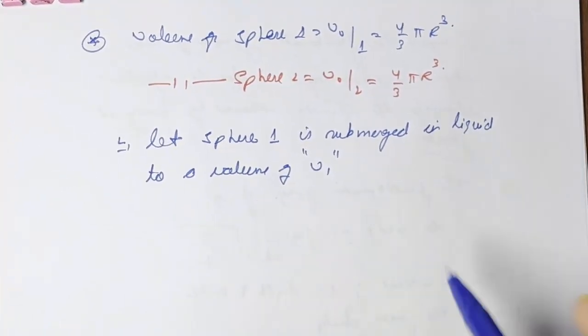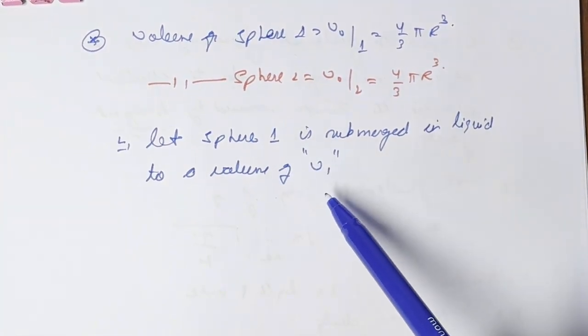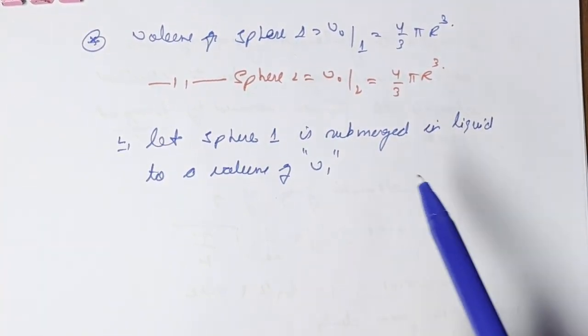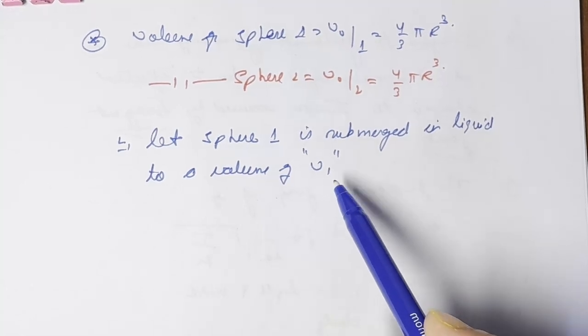It means sphere 1 is submerged in the liquid for the volume which is equal to V1.